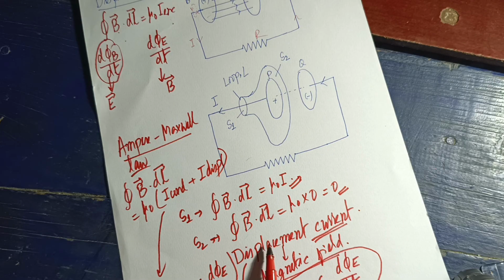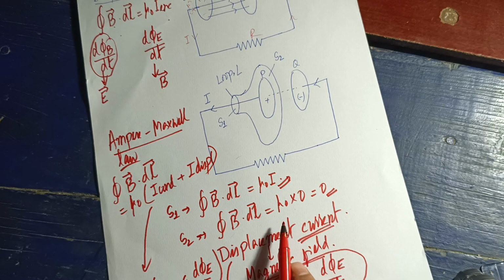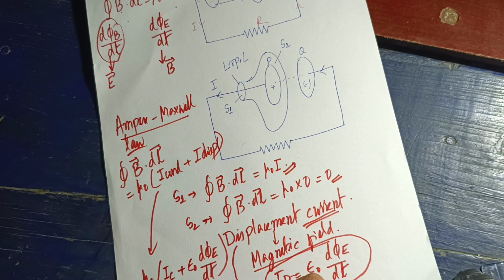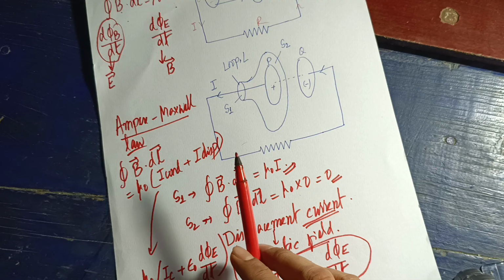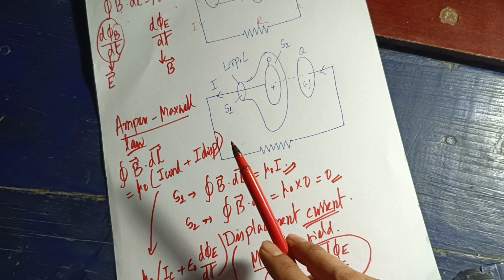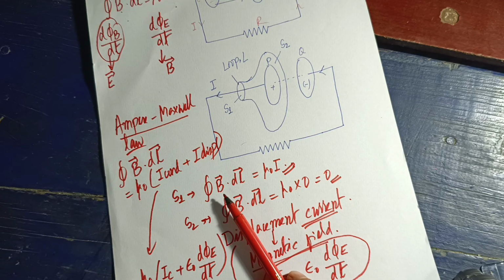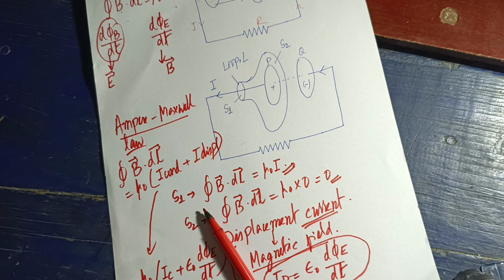This term is called displacement current because it is due to the displacement of the displacement field. So Maxwell solved the inconsistency in Ampere circuital law. This is the basic idea of displacement current. Thank you all. Stay tuned for the next video.